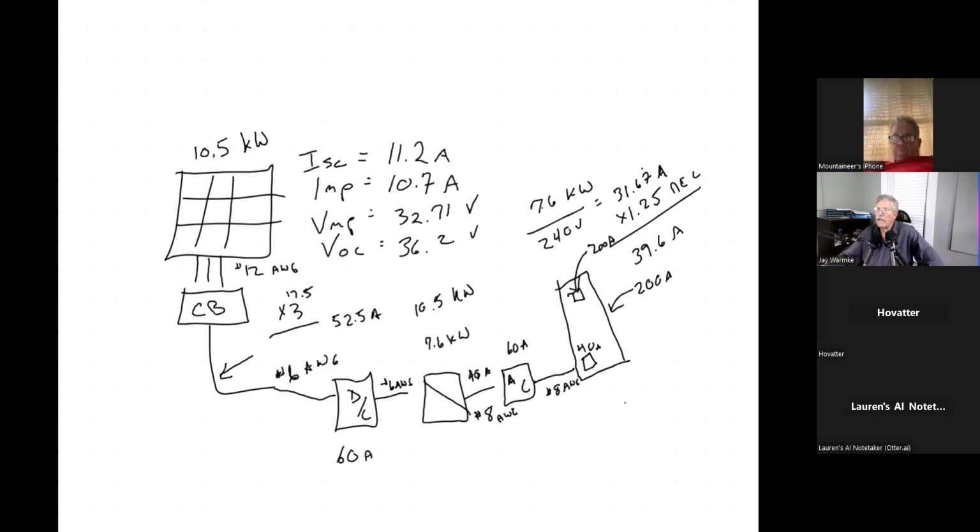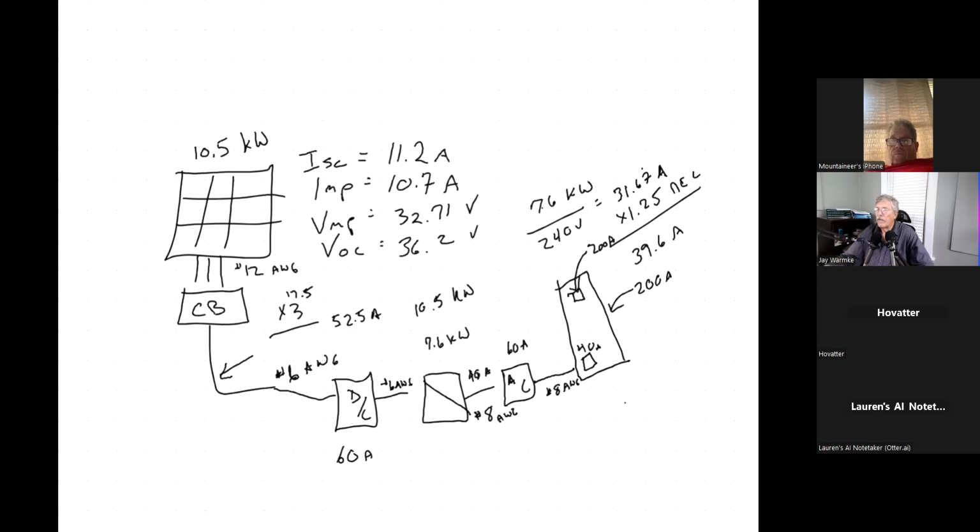Because what would happen? Let's say I had a 10.5. If I divide 10.5 kW by 240 volts, that means it's actually 43.75 amps, times 1.25 equals about 55. So 55 amps is what I would have to design my wire for.